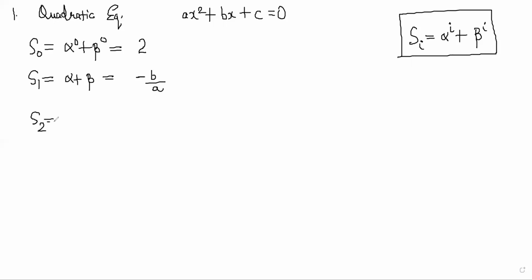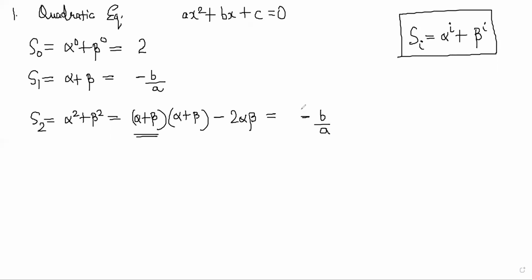Now S2 is equal to alpha square plus beta square, which can be written as alpha plus beta multiplied by alpha plus beta minus 2 alpha beta, which can now be written as, because this part is minus b by a, minus b by a multiplied by, we can write this alpha plus beta as S1, right?